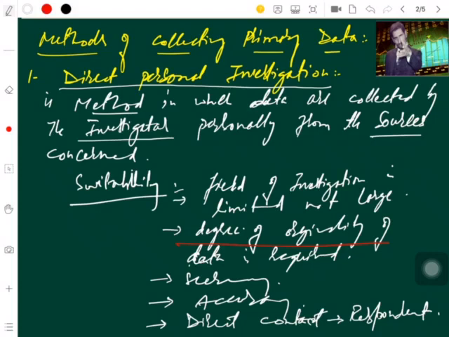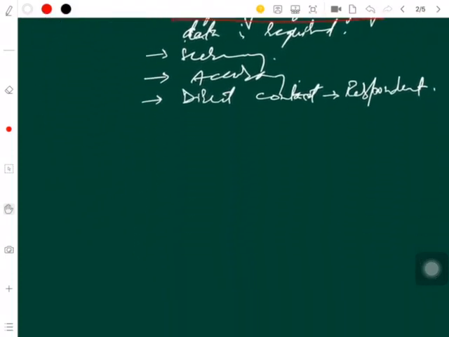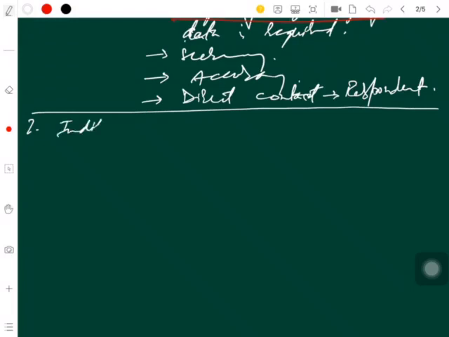So the second method of collecting primary data after direct personal investigation is indirect oral investigation.